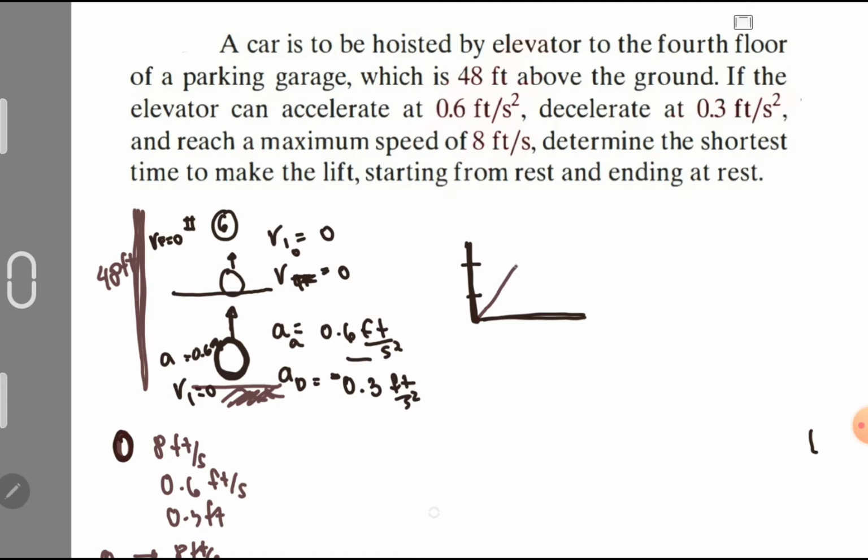From 0 seconds up to T1, let me just put T01, this is the time when the elevator will accelerate. And if it is near the top, of course it cannot keep accelerating, otherwise what will happen? It will hit the wall, right? Therefore, it will decelerate at 0.3 feet per second squared from interval 1 to 2.